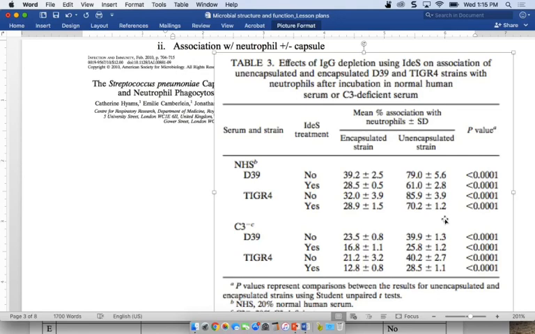There is a classical experiment from the 1940s and 1950s in which a researcher had isolated two different forms of Streptococcus pneumoniae, one termed R and the other termed S. The R and S referred to rough and smooth. Basically, that's what the colonies look like when you grow them up on an agar plate.